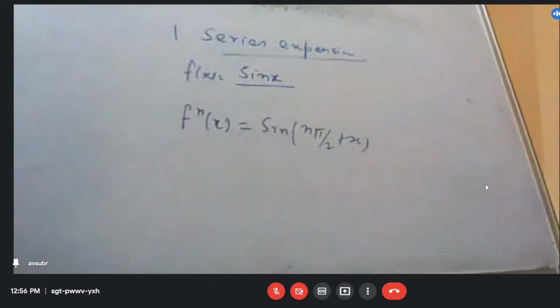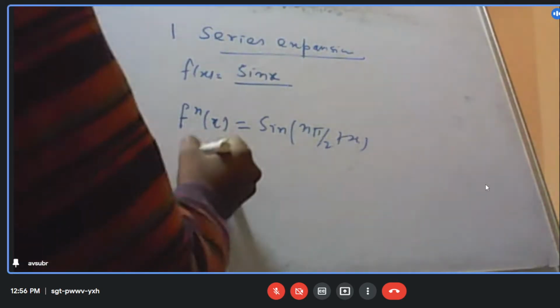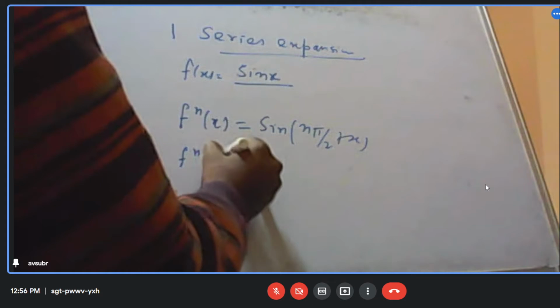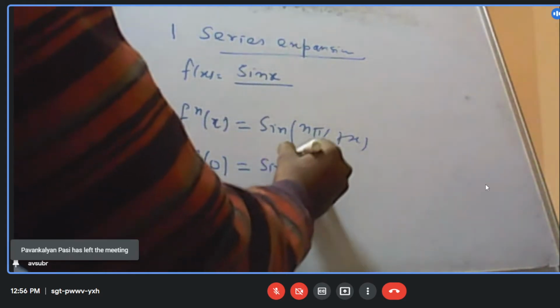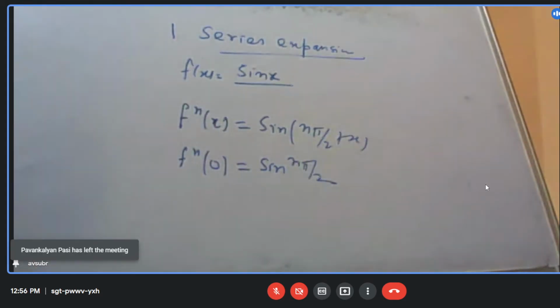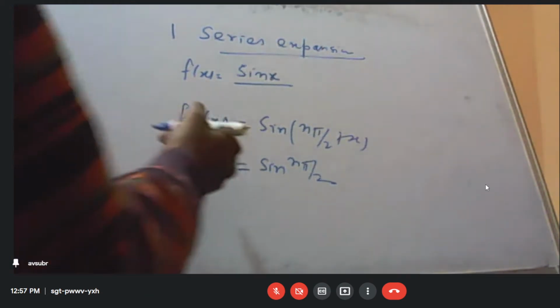We have already done this. Now f at x equal to 0 is sine of n pi by 2.